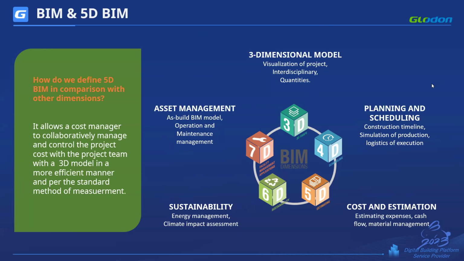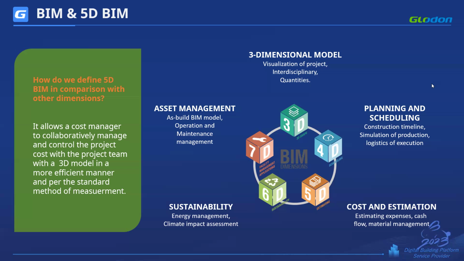If I give you a practical example, you can create a 3D model by using Revit software, and you can create the construction program by using MS Project or Primavera, and you can merge your 3D model with your construction program. Then you can simulate your 3D model. With the timeline going down, according to the timeline, your 3D model will generate gradually.